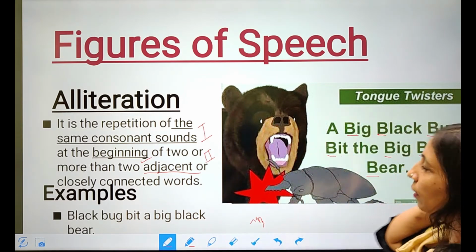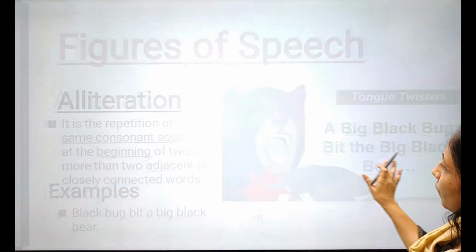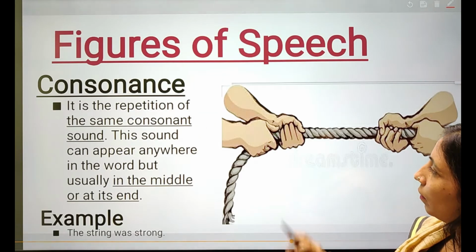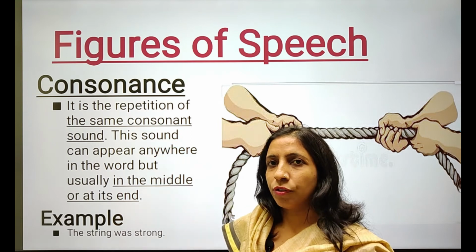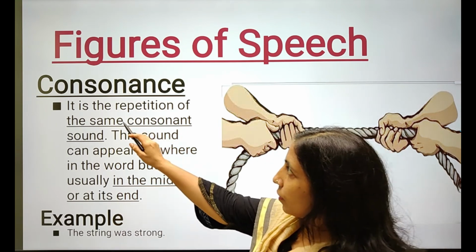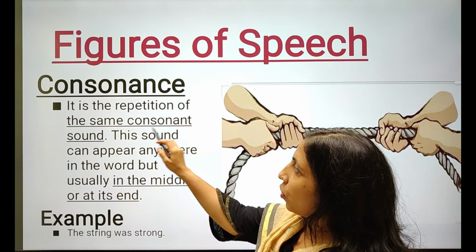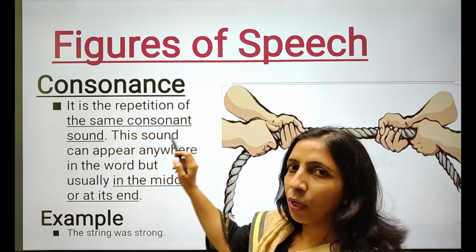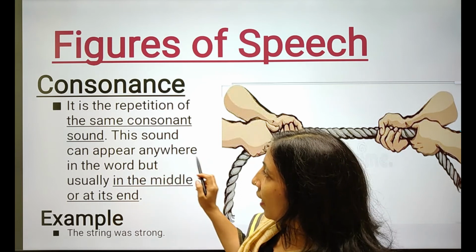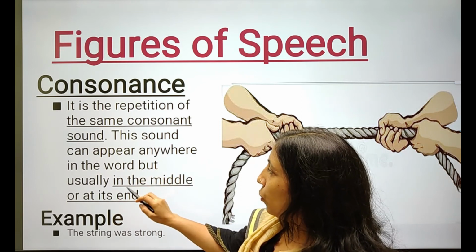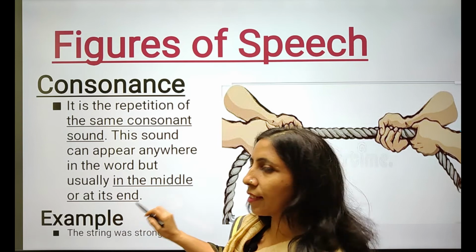Now we move on to the next slide. Here you see this is consonance. Now what is consonance? It is the repetition of the same consonant sound, somehow similar to alliteration. But this sound can appear anywhere in the word, usually in the middle or its end.